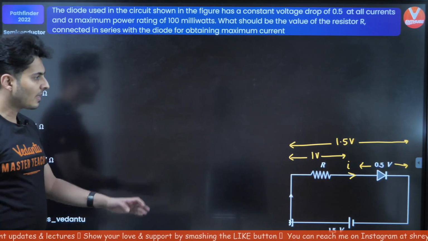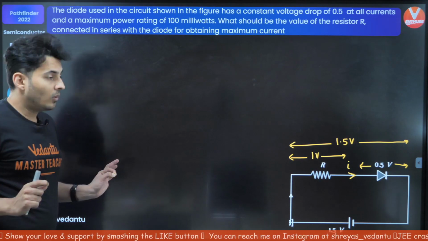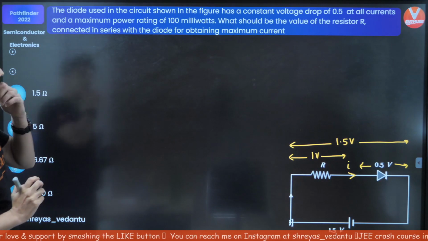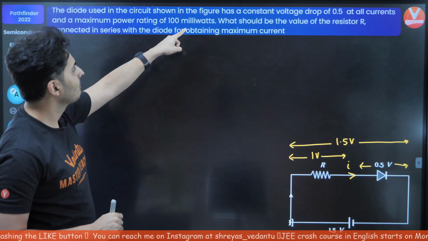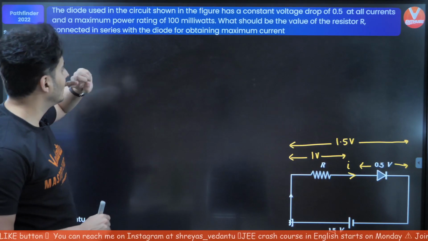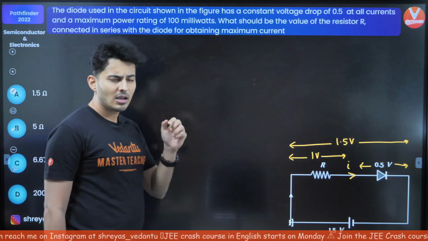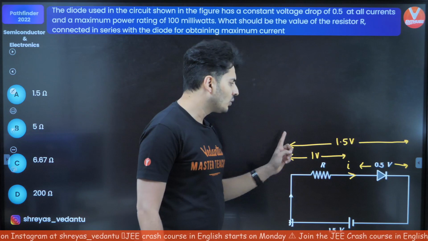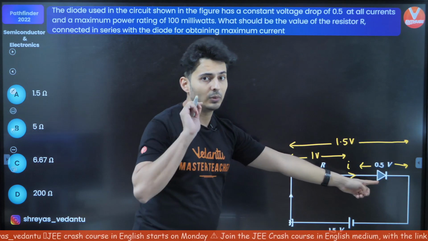Make sense? 1 volt is dropped. Fair enough. Now, once you get this, let's see, do I know certain values? The power is given. I don't know the current in order to find the resistance. So I can find the resistance by finding the current.